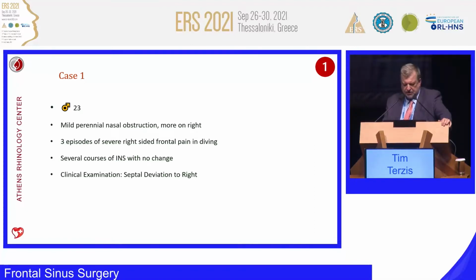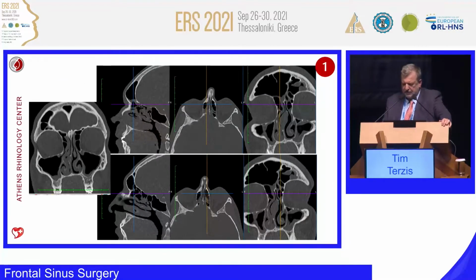On clinical examination, the septum was deviated to the right. And this is his CT scan, and you can see, let me see if I can show you with the pointer here. Yes? You can see the pointer? No, you can't. Anyway, so we can see there's a diffuse mucosal thickening in most sinuses.